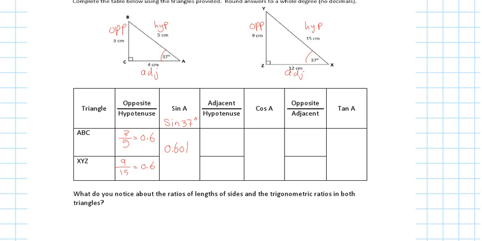All right. Now let's look at the adjacent divided by the hypotenuse. So what's the adjacent in the first triangle, in triangle ABC? 4 divided by 5. What's 4 divided by 5? 0.8. And then in the XYZ, 12 divided by 15, and that gives me 0.8.